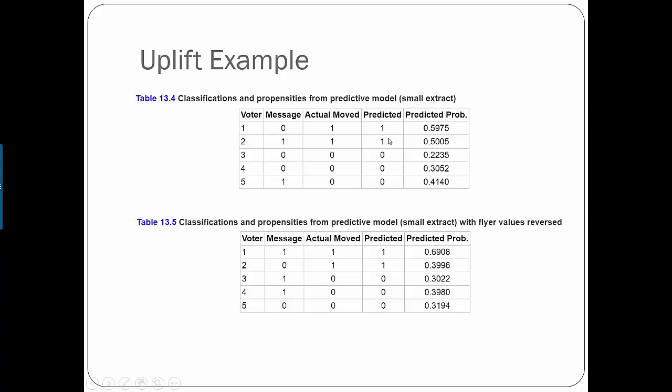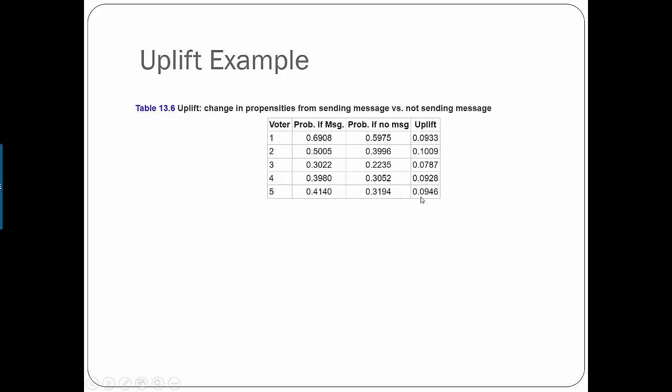Now you're going to reverse the message, so 0 will become 1 and 1 will become 0, and you compute the predicted probability using the model again. So you compute the probabilities as is, then reverse the message and compute the probability, and then find the difference. That is your uplift.